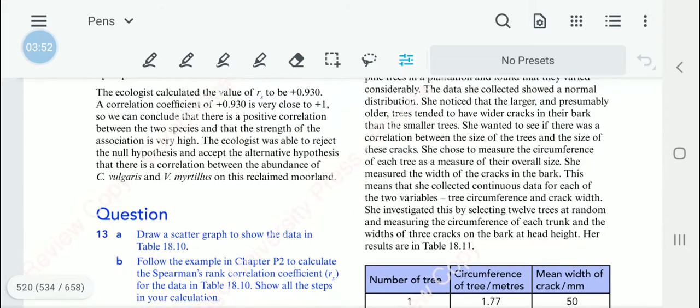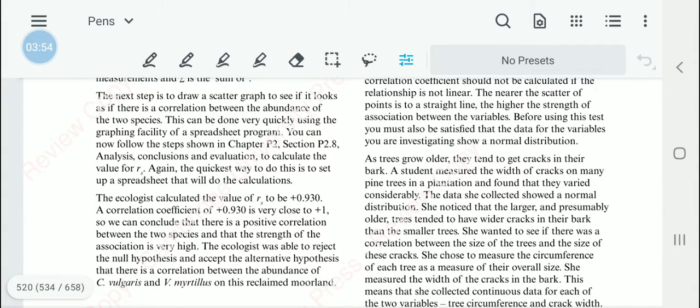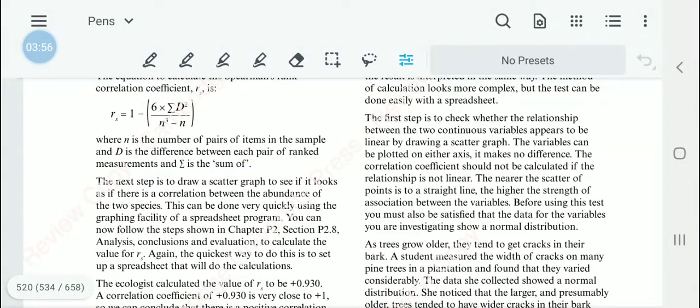The values obtained would be between +1 and -1, and there would be a strong correlation if the variables appear close to the straight line.